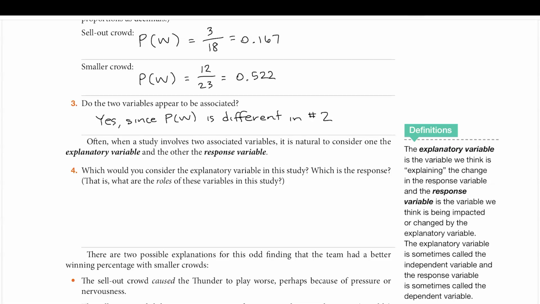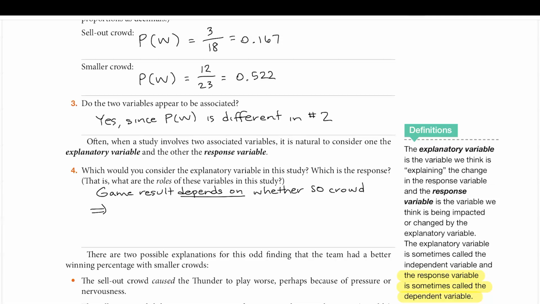So you can think of dependence, right? The response variable is sometimes called the dependent variable. So here we would say the game result, in other words, whether or not they won, seems to depend on whether they had a sellout crowd, right? Because their probability of winning was different depending on whether they were in front of a sellout crowd or not.